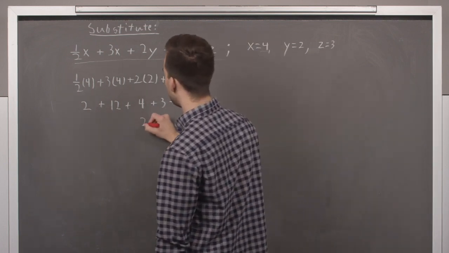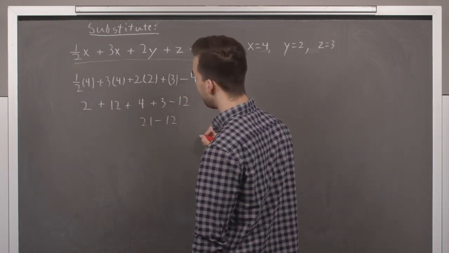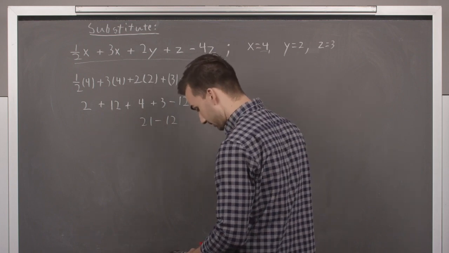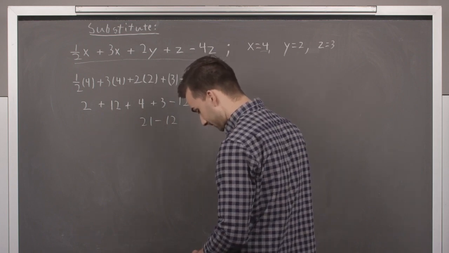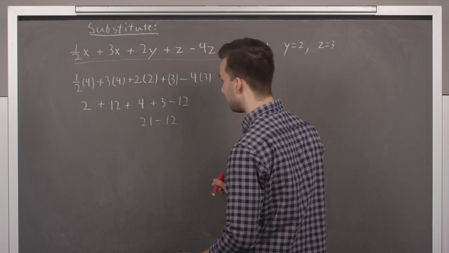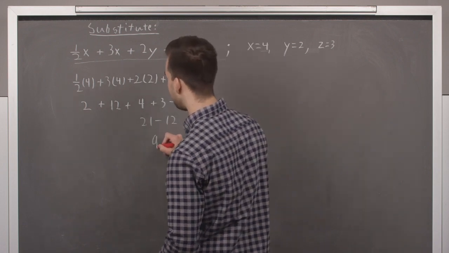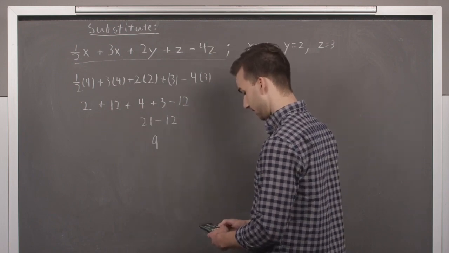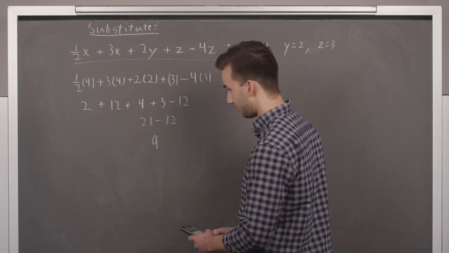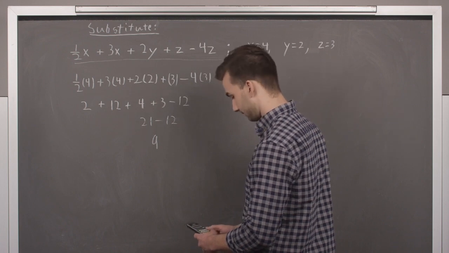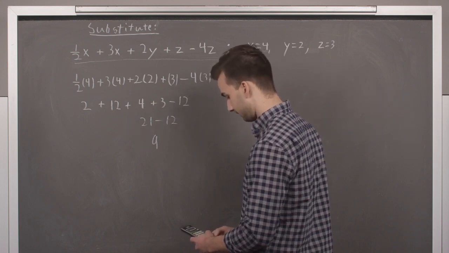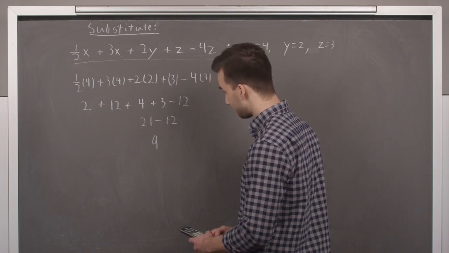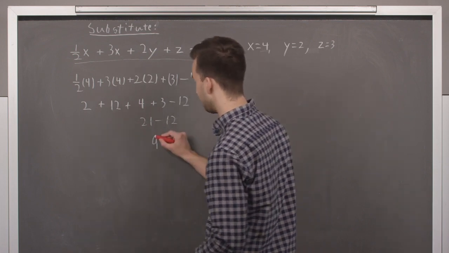21 minus 12 gives us, let's use our calculators to double check this, 21 minus 12 gives us 9. And if you want to check this with your calculator, you can. I am going to double check it because I make mistakes. And it gives us 9.